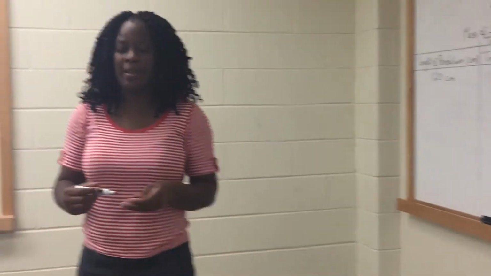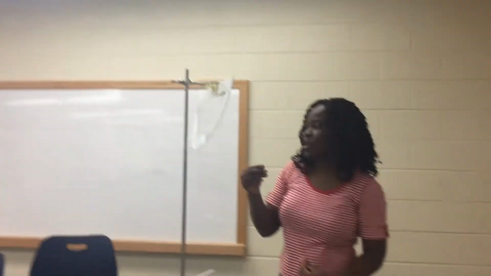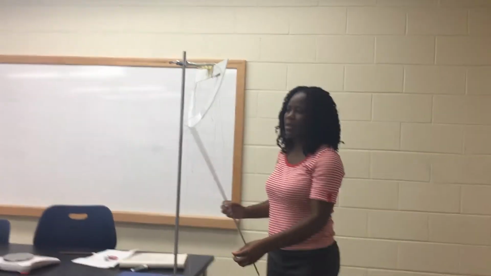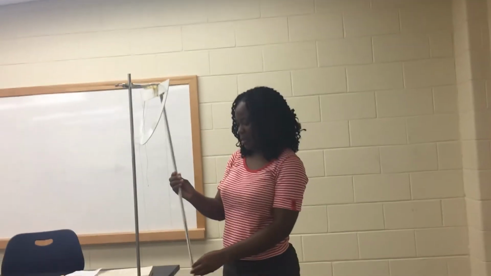All right, so now it's time to go to our second length of pendulum, which is going to be 60 centimeters. So I'll double check to make sure that this is 60 centimeters.